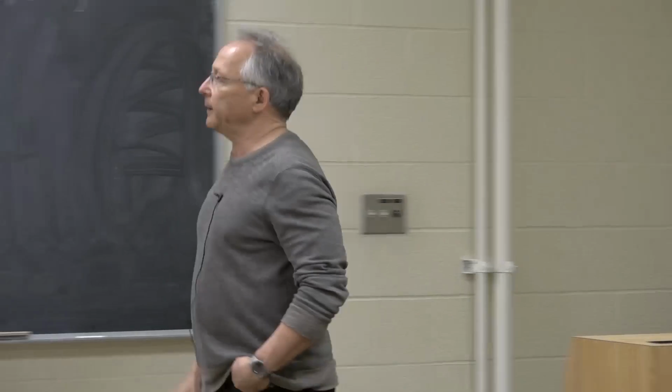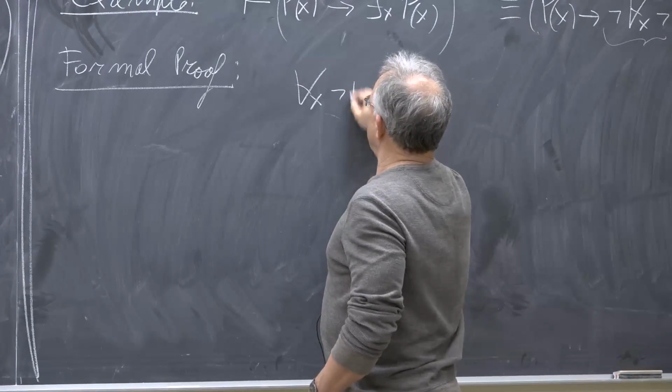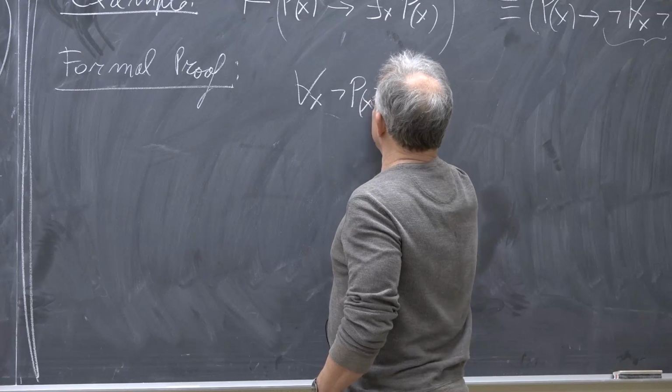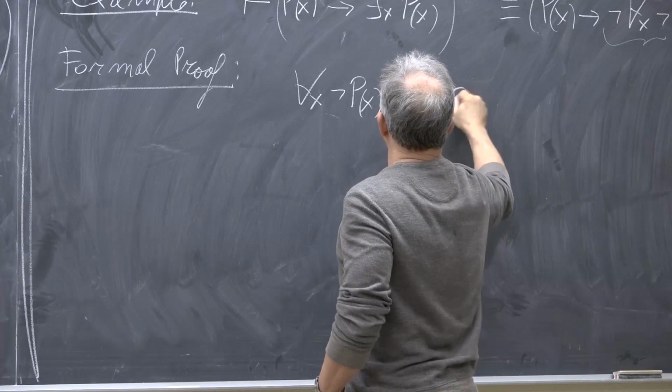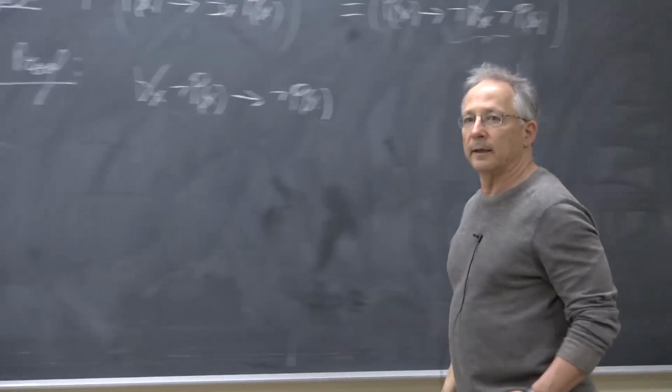So I start with "for all x, not P of x arrows not P of x." Why is this a legal first step in a proof? Because "not P of x implies not P of x" is an axiom.